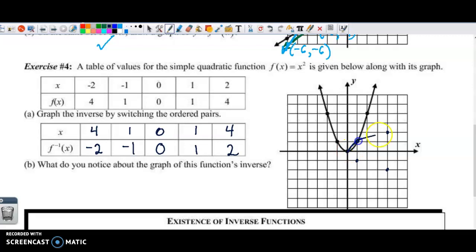And what you should notice by the graph of this inverse, I want to underline that word real quick, is this is not a function. Why? It fails the vertical line test.